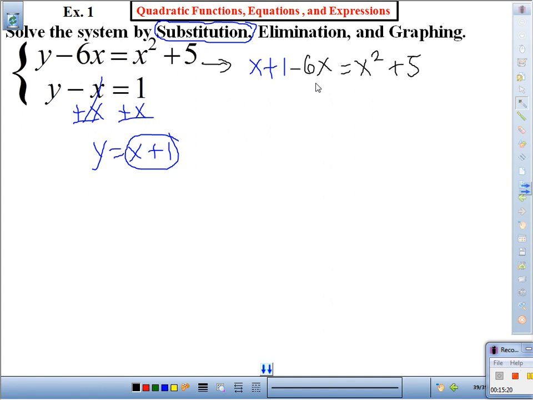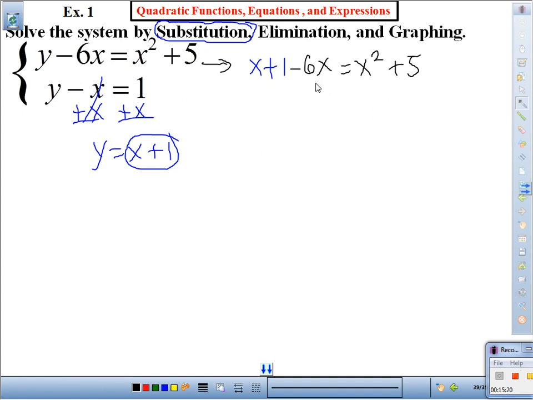Close. Let's see. Jake, the most important step.